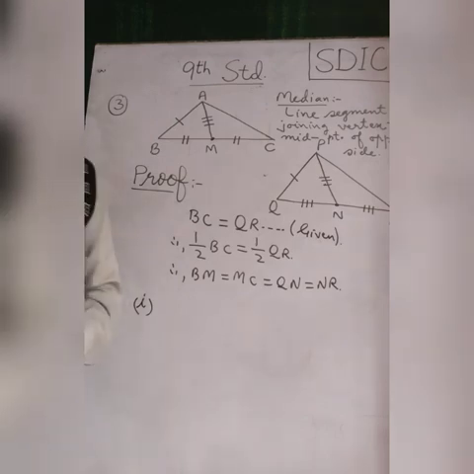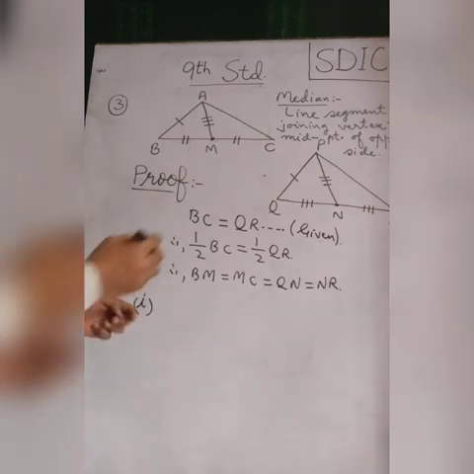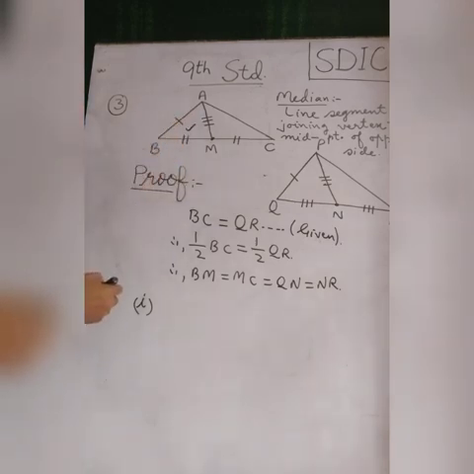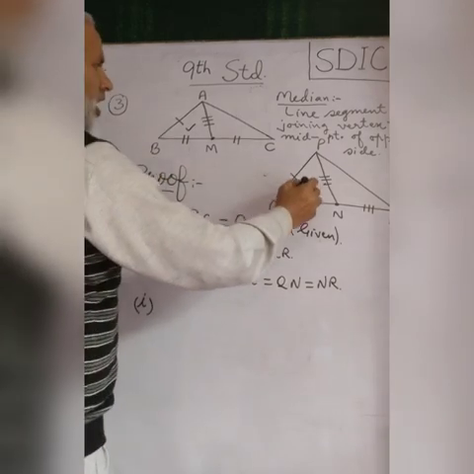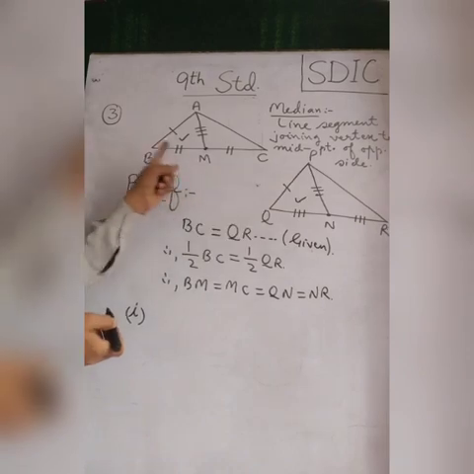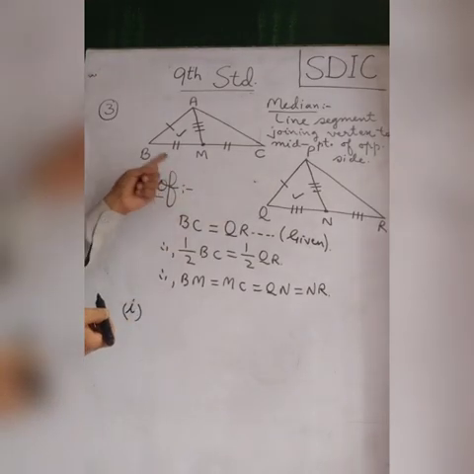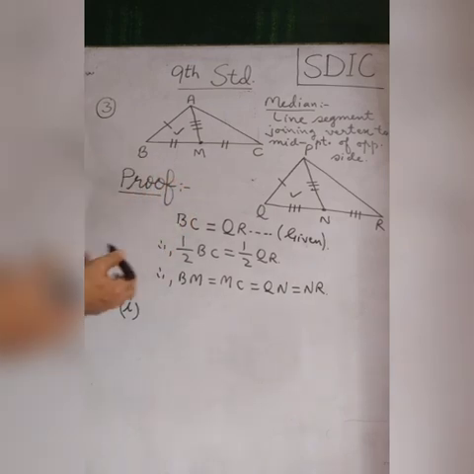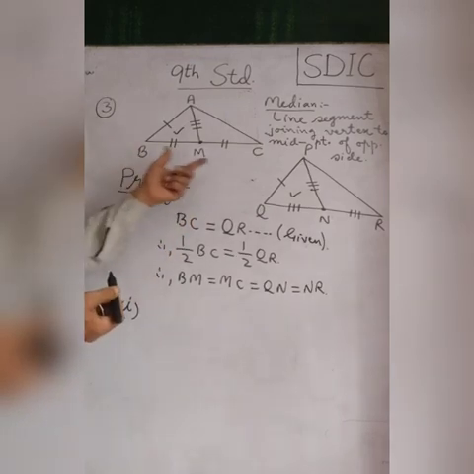In part number 1, we have to prove triangle ABM, this is the triangle, I will tick mark it, and the left side smaller triangle, triangle PQN, congruent. For proving them congruent, we have sufficient reasons. We have elements of this triangle equal to elements of this triangle.